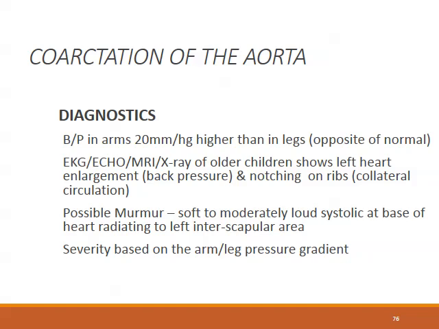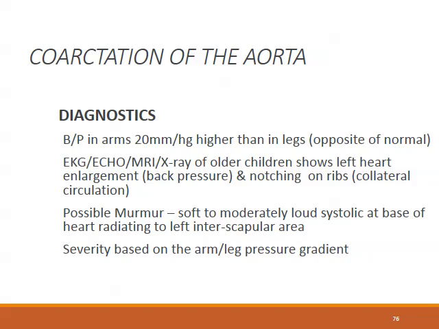Diagnostics: blood pressure in the arms is 20 millimeters of mercury higher than in the legs, and that's the opposite of normal, so usually it's higher in the legs. Your EKG, echo, MRI, and X-ray of older children will show the left heart enlargement and notching of the ribs.